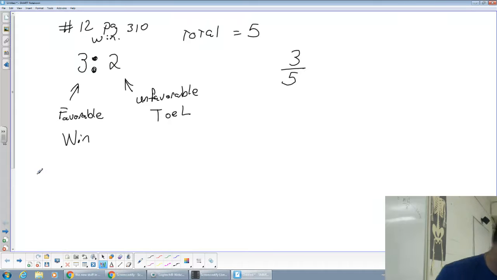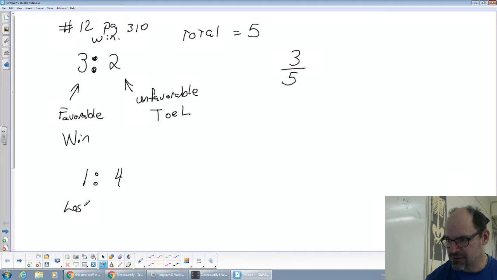The second statement says the odds in favor of the team losing are 1-4. So this is for losses, 1-4. So this is odds in favor of losing. So this is losses, and this is either wins or ties.